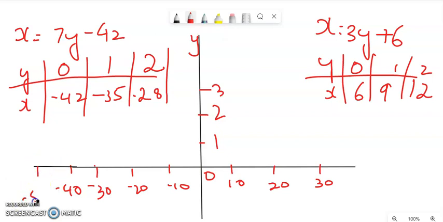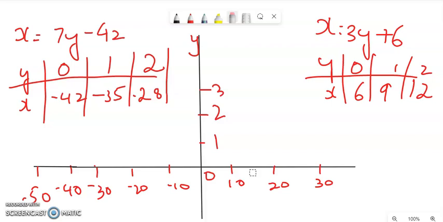This is minus 50. So what is my scale? On the x-axis, 1 unit is 10 and on the y-axis, 1 unit is 1. Okay, this is for your understanding.